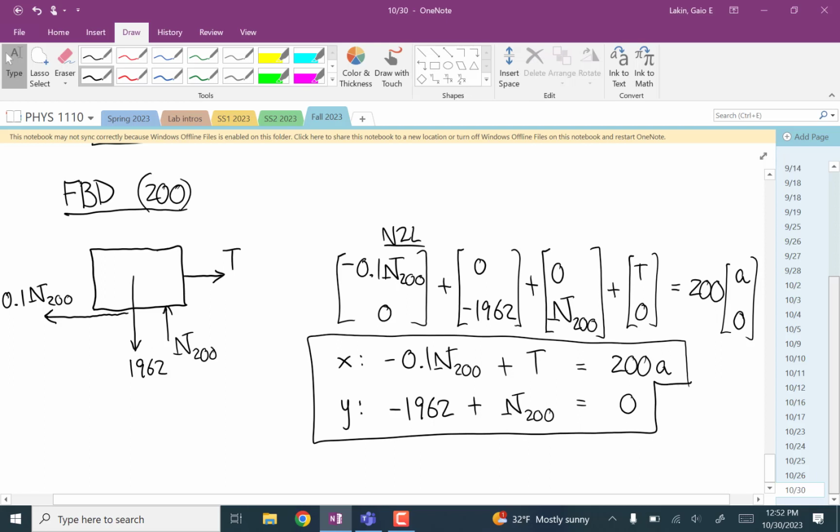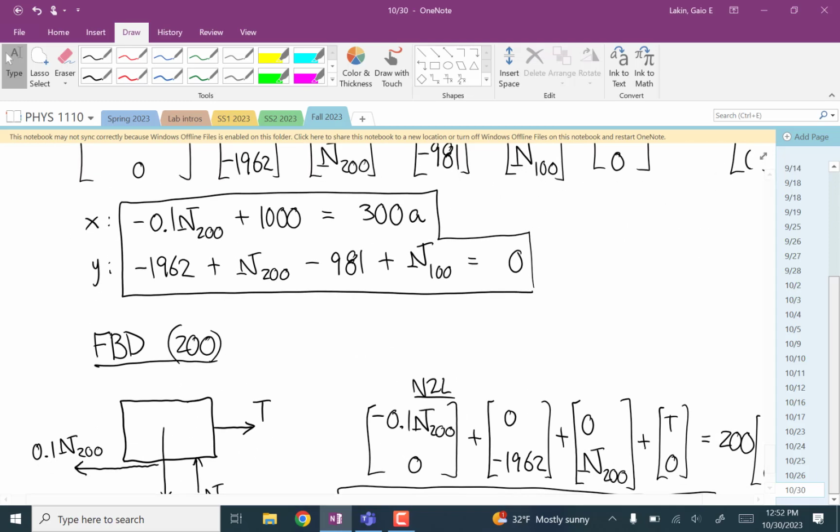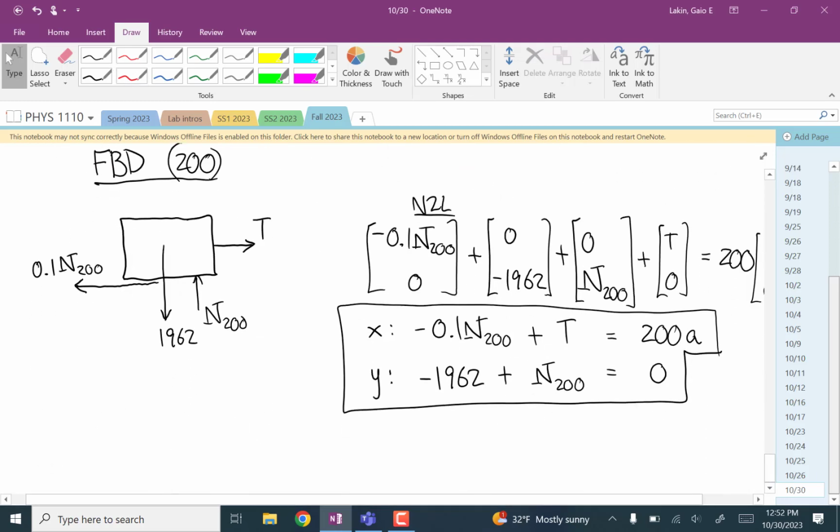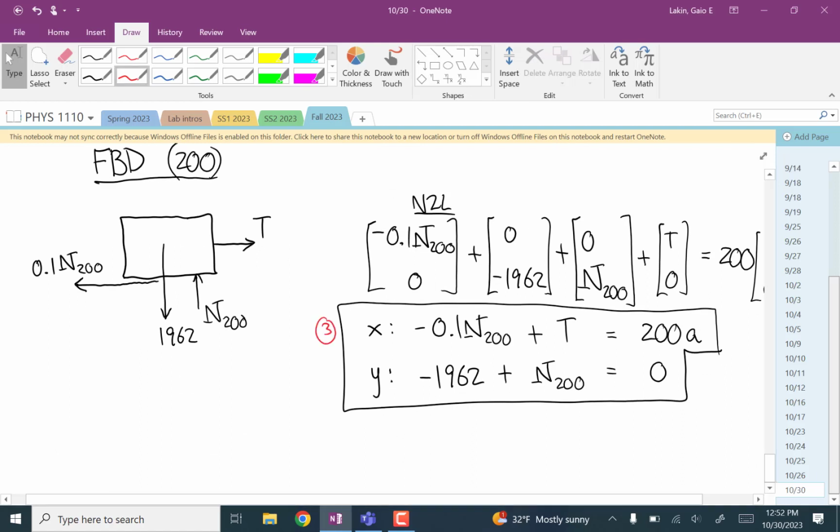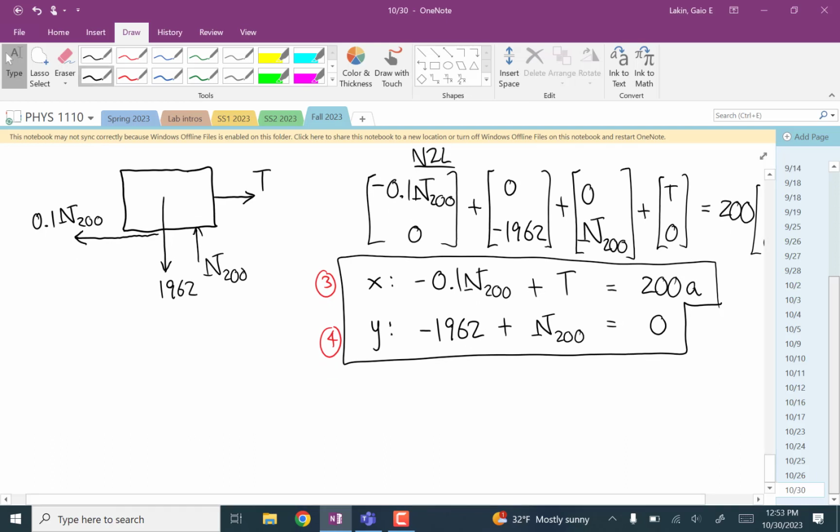Okay, so I'm going to do this one first. Let me number these. So here's our equation 1, 2, 3, 4. I'm going to first use equation 4 to find N200. So add 1962 to both sides and you get that N200 is equal to 1962.